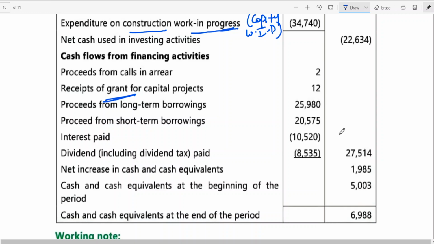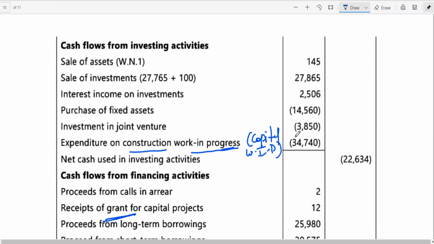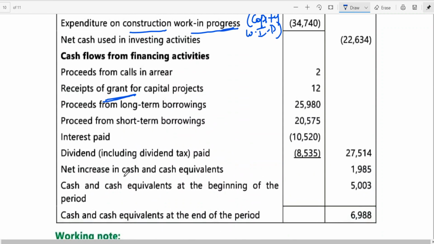From that you deduct 22,634 and you deduct 2,890. I think you are getting 1,985 positive. So that is net increase in cash, or sometimes you will get net decrease. Last problem you have seen 1985.